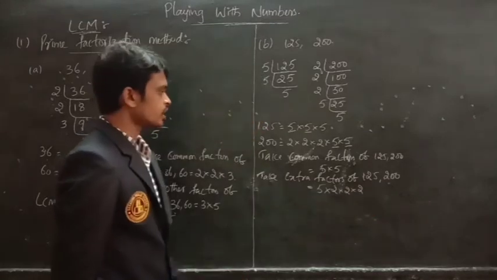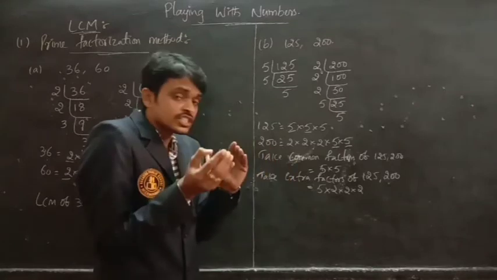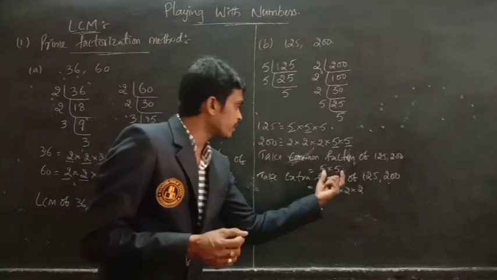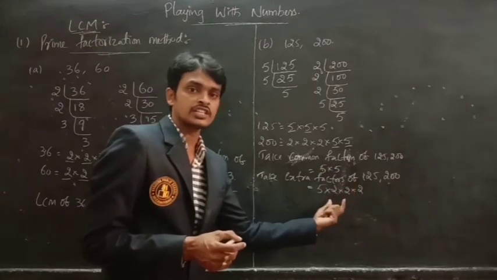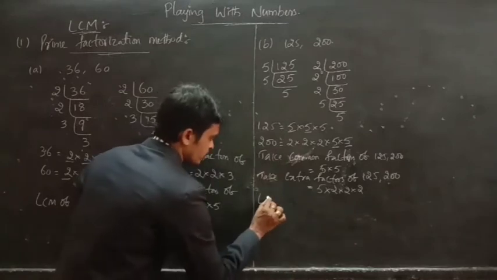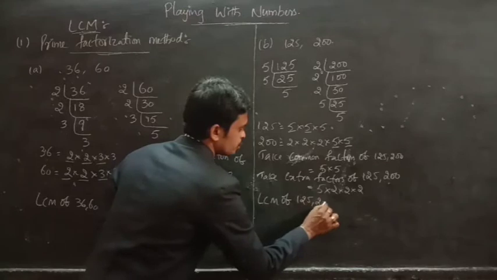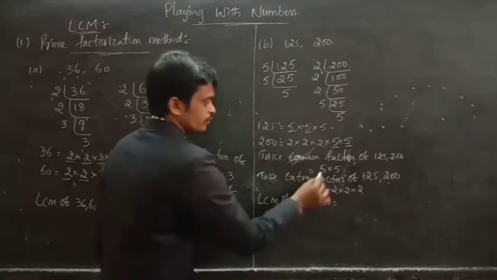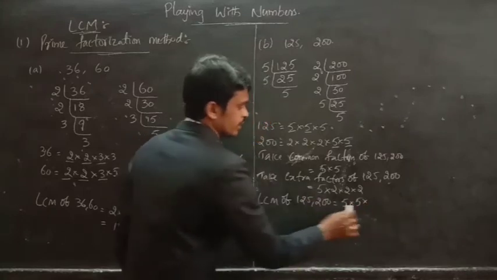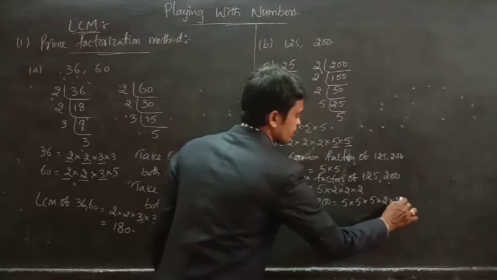Now we will find the LCM of two numbers by taking the product of the common prime factors as well as the extra factors of both numbers. So LCM of 125 and 200 is equal to the common factors 5 into 5, next the remaining 5 into 2 into 2 into 2.